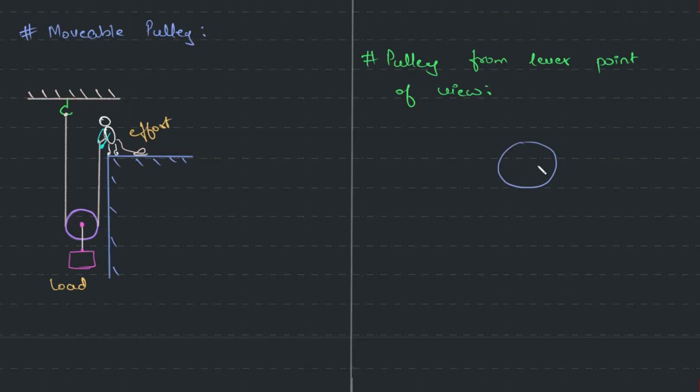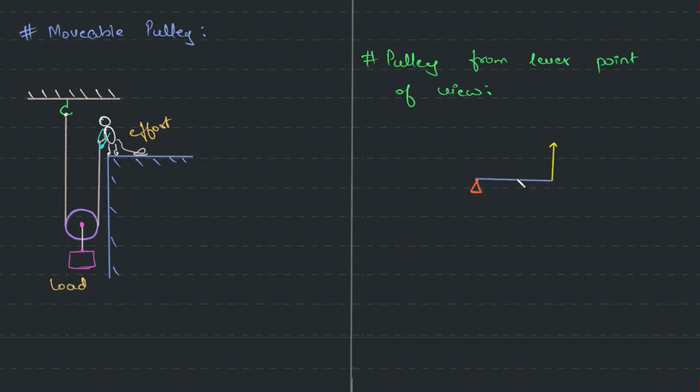So we have a circle. You have a rod, you have placed a support over here, fixed the rod at one end. You're pulling something up over here.